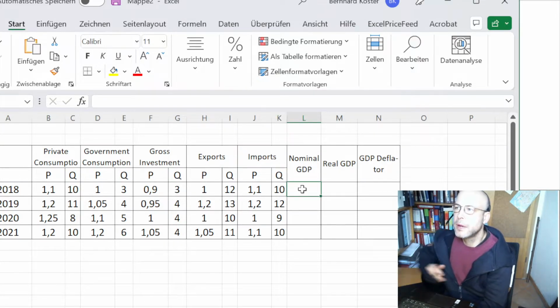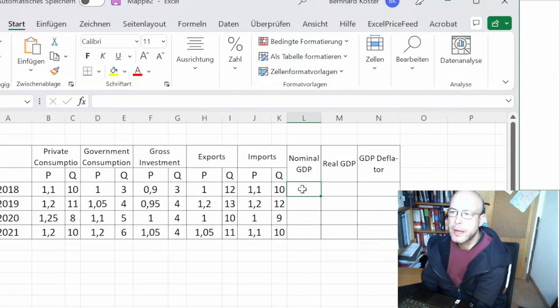So what do I have to calculate when I want to calculate nominal GDP in the year 2018? Any idea?